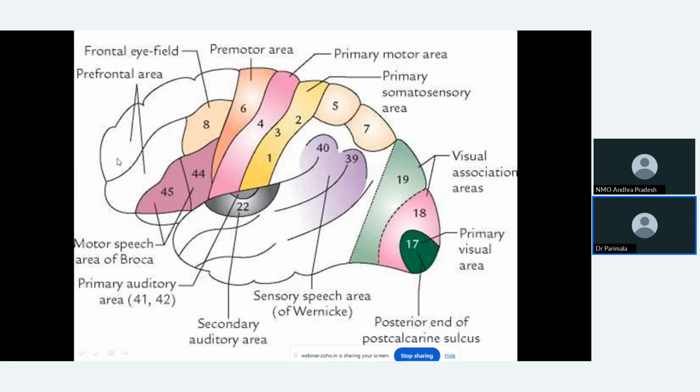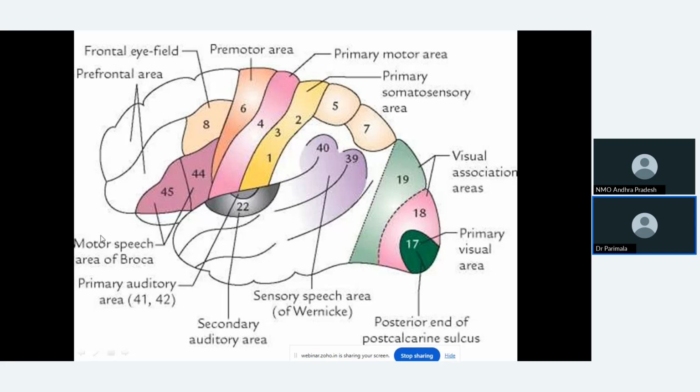Inferior frontal gyrus. This is superior, middle and inferior. This is only middle and this is inferior frontal gyrus. As you all know by this time, this is pars orbitalis, this is pars triangularis and pars opercularis. Area number 44 and 45, pars triangularis and pars opercularis.